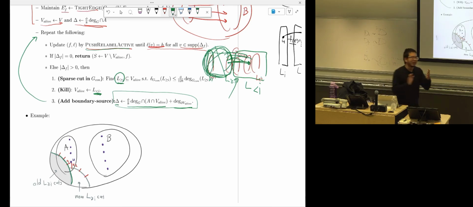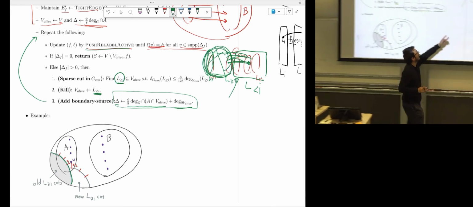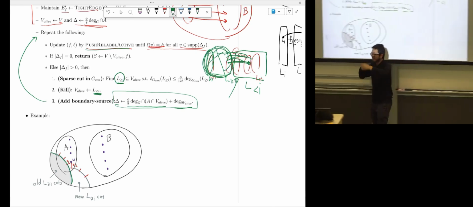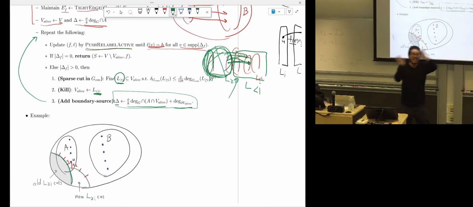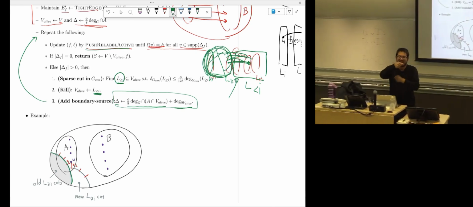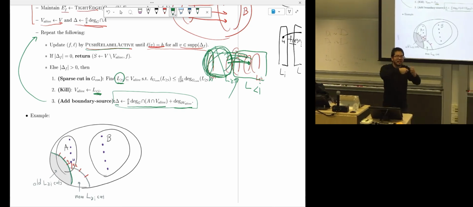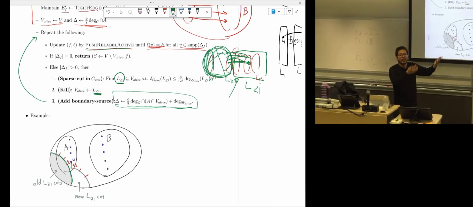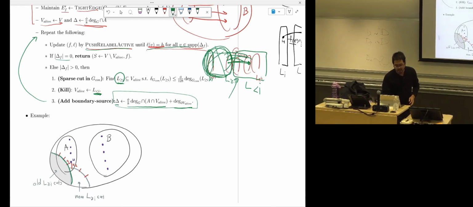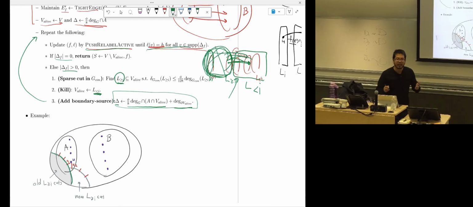So now I can continue my algorithm on this part: keep pushing and relabeling until all the excess has increased its level to level h. Once this happens again, I check if I succeed or not. If not, I cut and kill. Just continue like this.